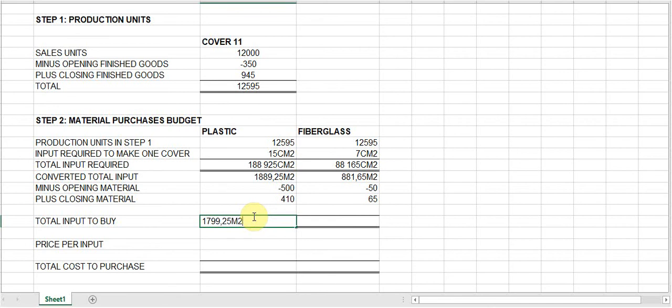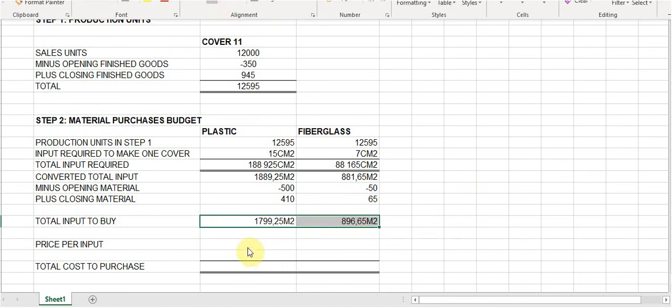For the fiberglass, I also start with the converted figure, 881.65. I need to minus the 50 in the opening stock, add back the 65 square meters in the closing stock, and that gives me a total to buy of 896.65 square meters.